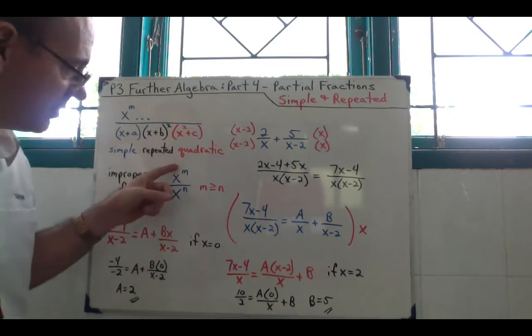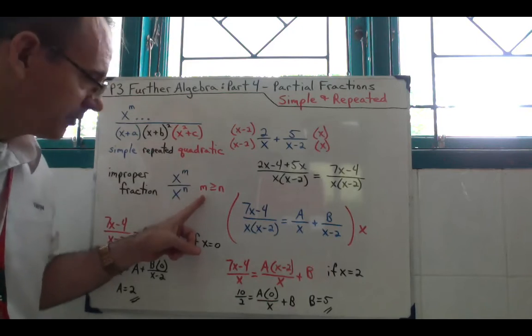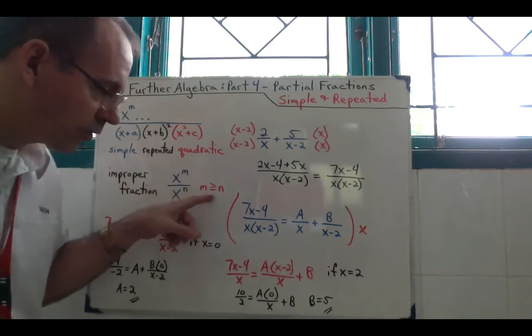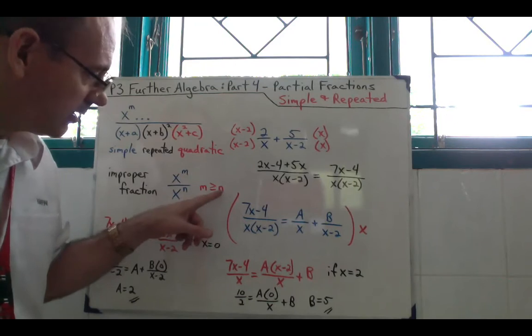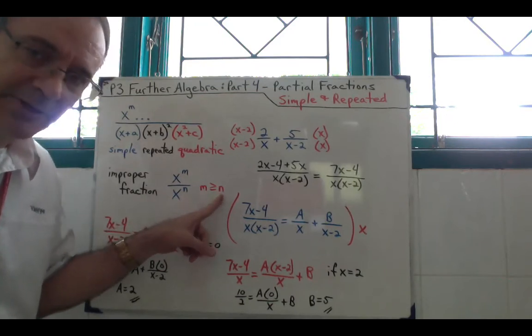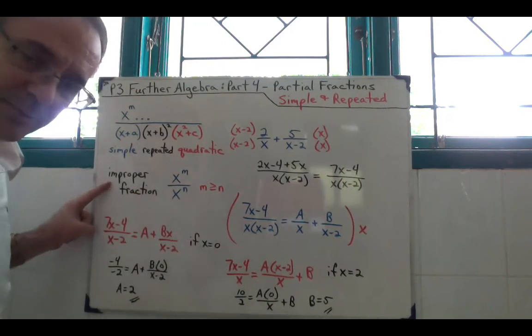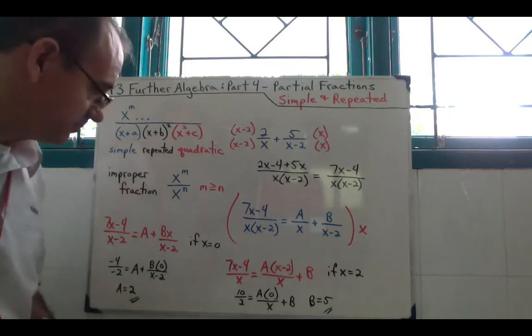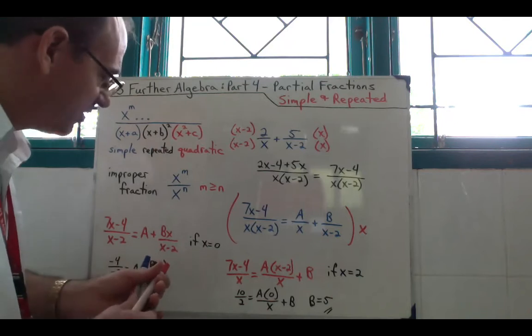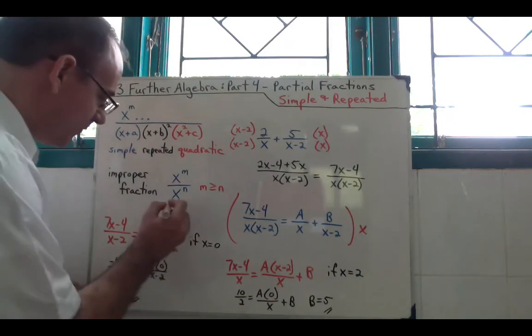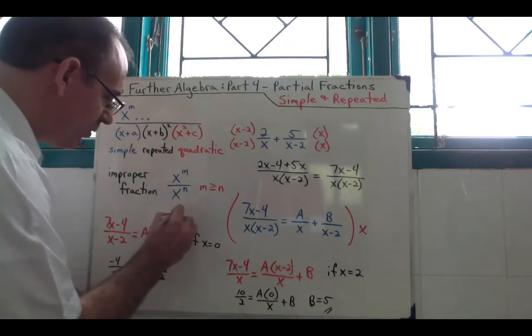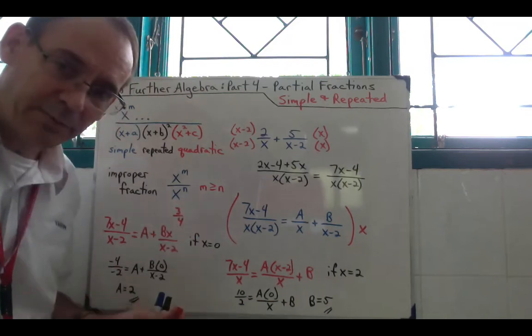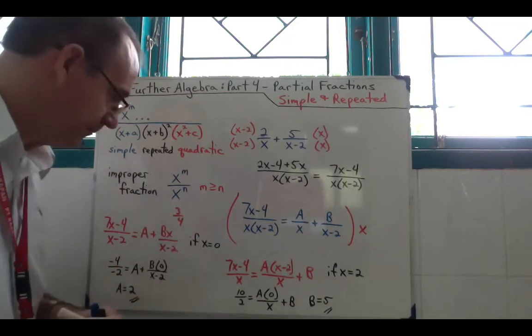And if the numerator exponent is greater than or equal to your exponent in the denominator, then you have an improper fraction and you need to take care of that improper fraction. It's just like in basic math. If you have 3 over 4, no problem, it's just a normal fraction.